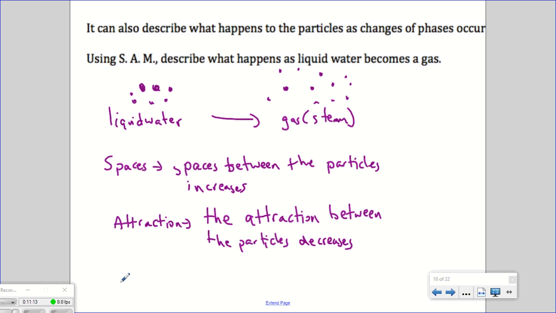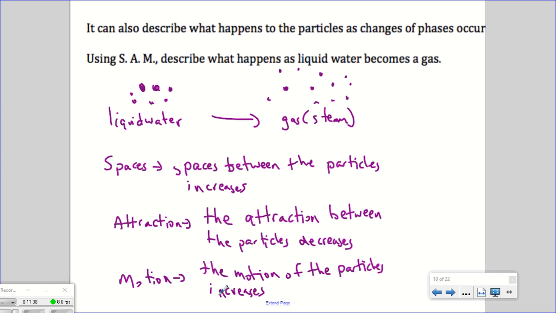And for the last part, the motion, as liquid water goes to a gas, the motion of each particle, or the motion of the particles, will increase. And so this is the SAM part, using to describe what happens to that phase change.